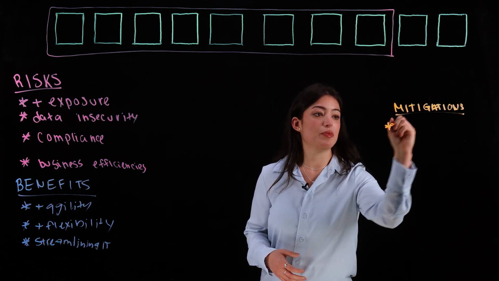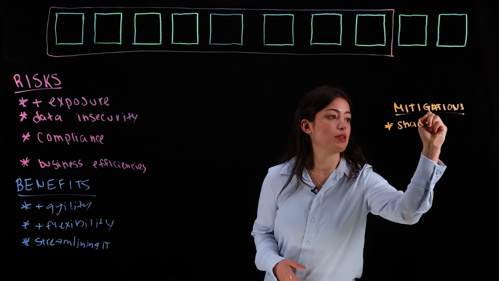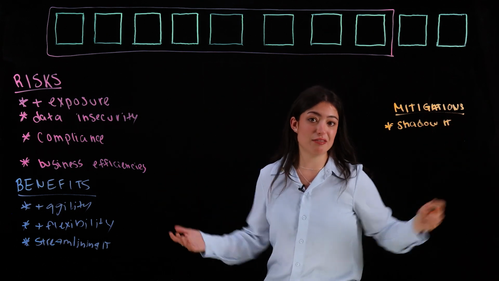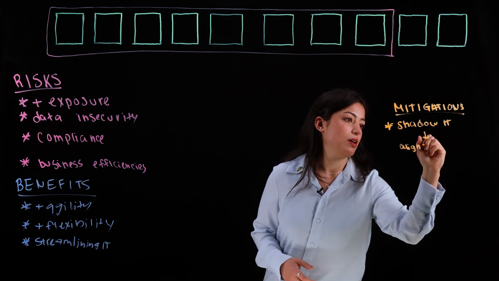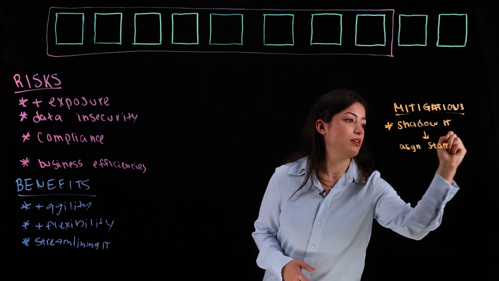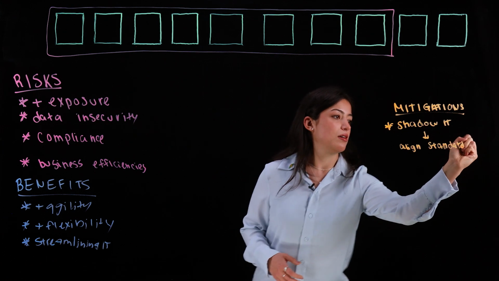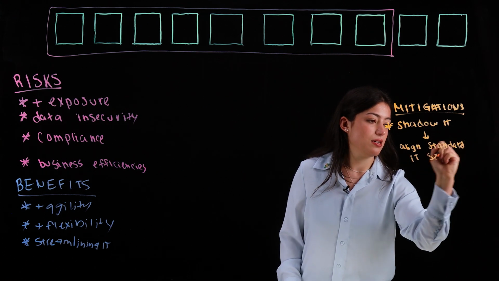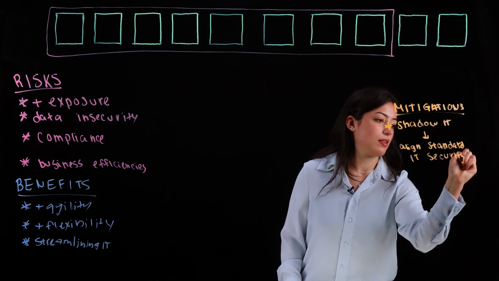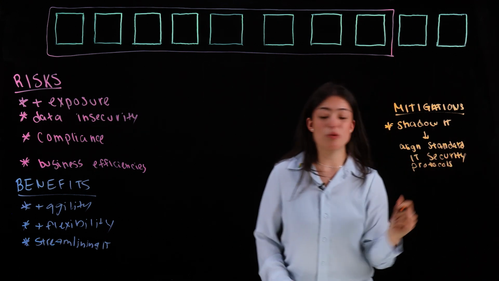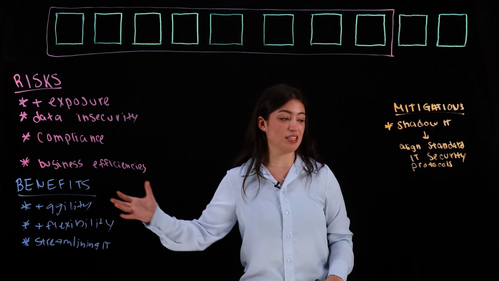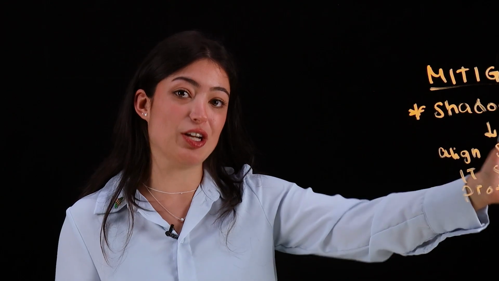So to address that, we can then bring shadow IT that we currently have identified along the way and align it with our current standard IT security protocols. So while still taking the team's feedback into the benefits, while still keeping a priority on security.